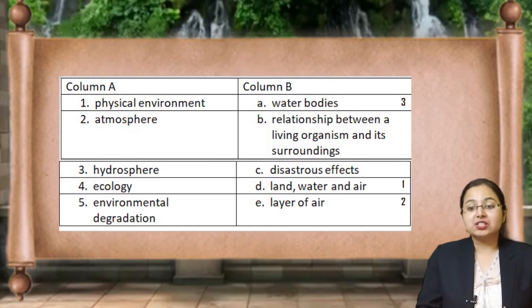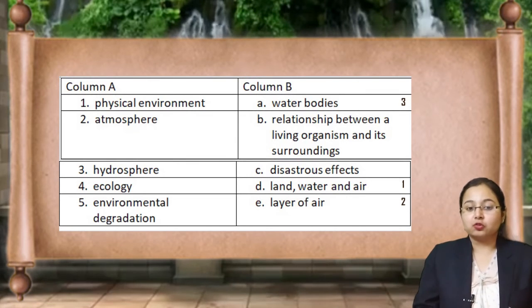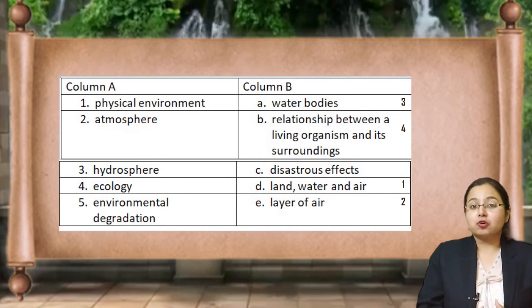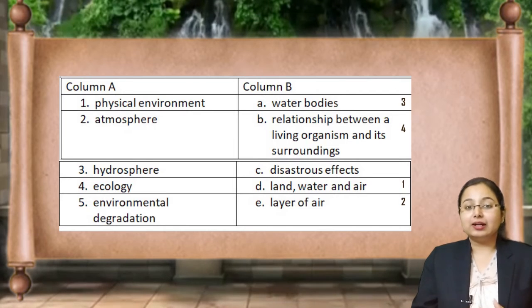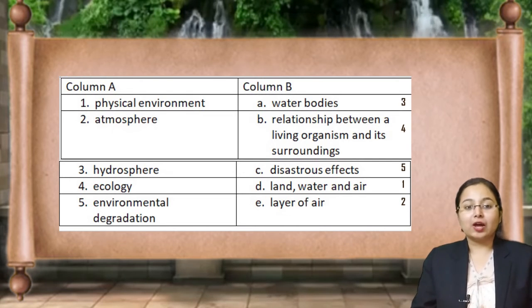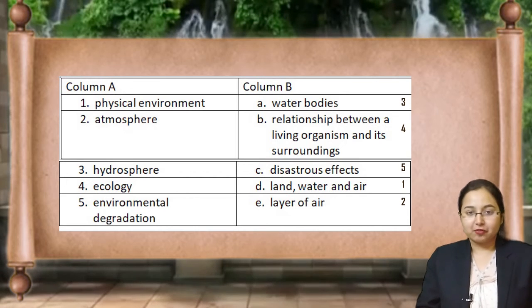Ecology is the relationship between a living organism and its surroundings. So the fourth will be matched with option B. Next we have the 5th, environmental degradation. The last will be matched with option C, that means disastrous effects. I hope that match the following, question number C, is clear to everybody.